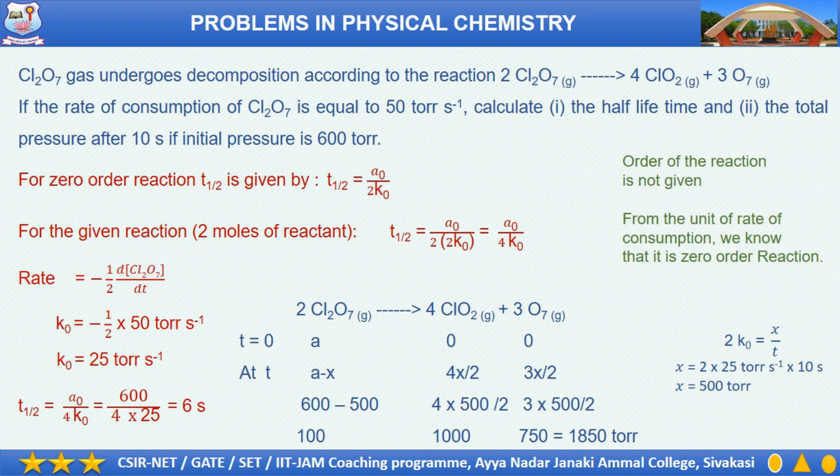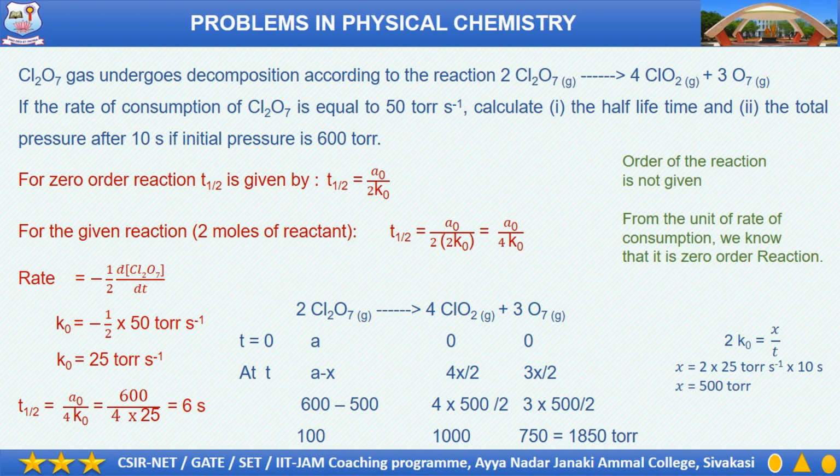Half-life time. And for half-life time, you are in need of t 50% is equal to A0 by 2K0. If you know the initial concentration, that is the initial pressure, and K0, the rate constant for a zero order reaction, you can calculate easily.